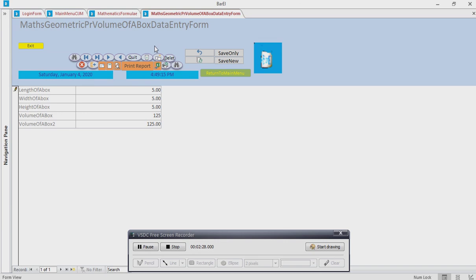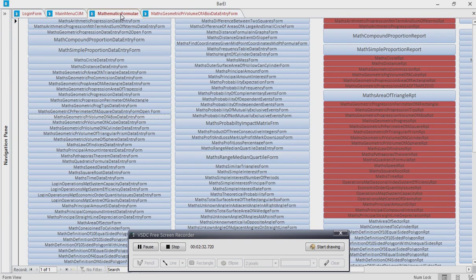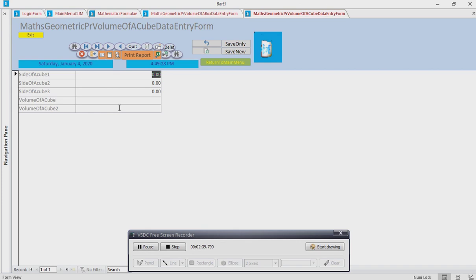The other one is the volume of a cube. If this is 4, then it's 64. Two ways of finding the volume of a cube as well as a box.